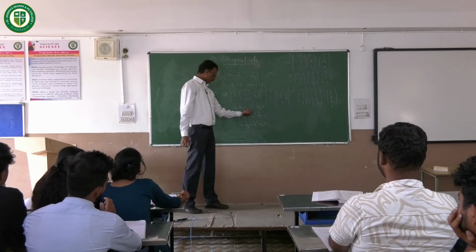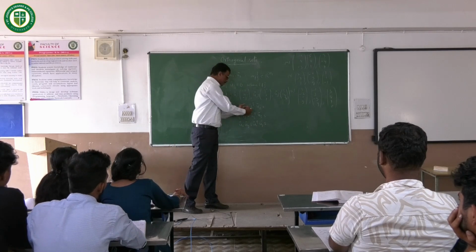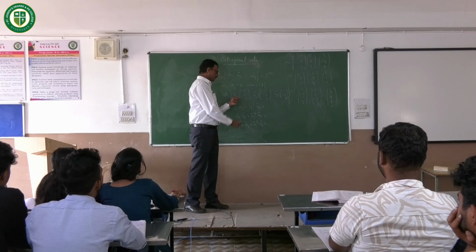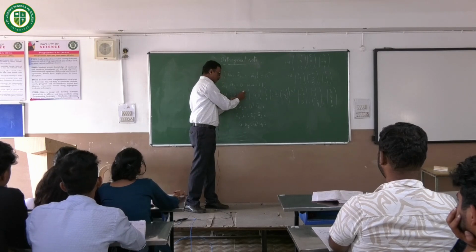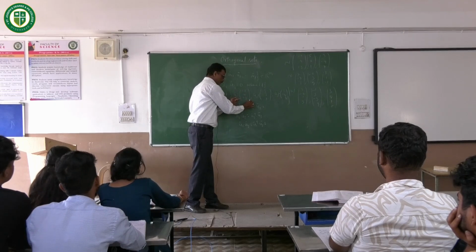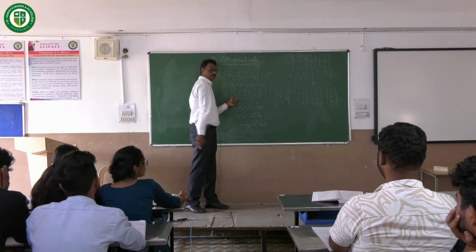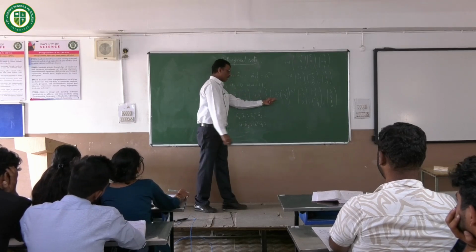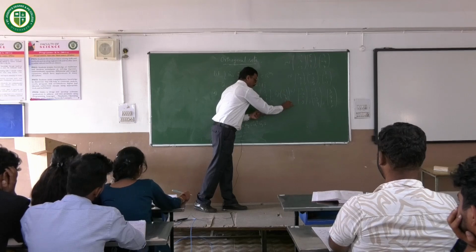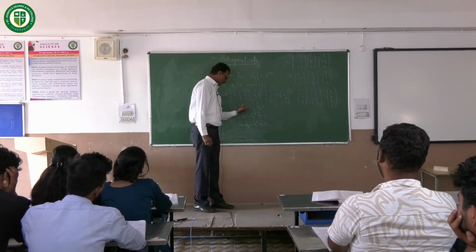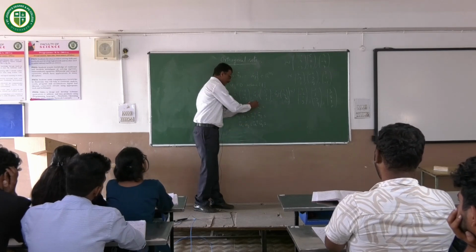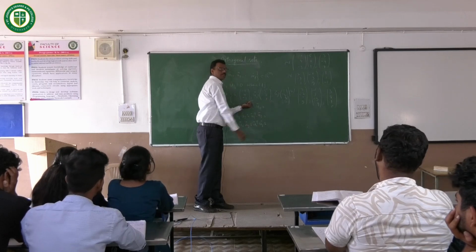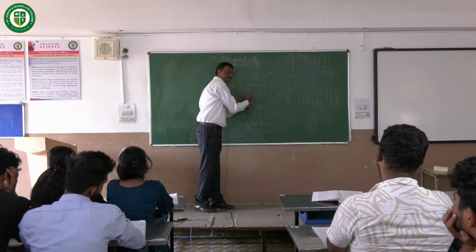Now why is it u1 transpose into u2 bar? Here the number of rows is 3 and the number of columns is 1. Here also the number of rows is 3 and columns is 1, and here also. But if you want the product, the columns of the first and rows of the second must be equal to multiply directly.